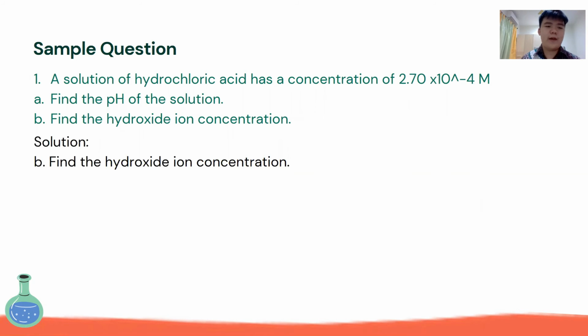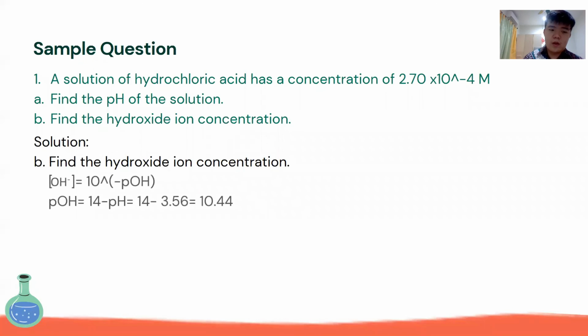For part B, find the hydroxide ion concentration. To find hydroxide ion concentration, we need the pOH, since we can find hydroxide ion concentration from 10 raised to negative pOH.